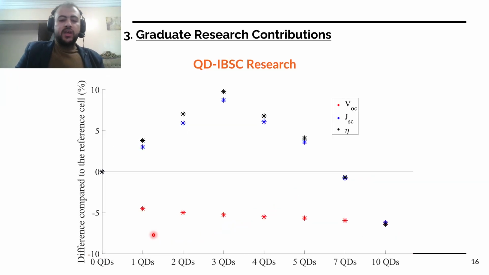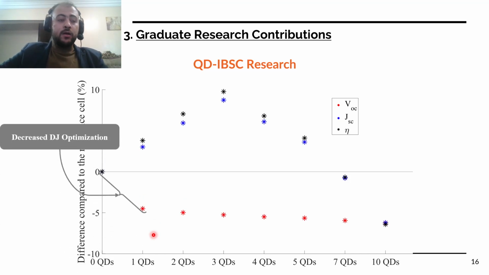This led to a very interesting profile of values. When we introduced the first quantum dot layer, we noticed a very large drop of V open circuit. We explained that this considerable drop was caused by the decreased optimization of the dual junction structure, as we know that dual junction or multiple junction structures are generally highly optimized.